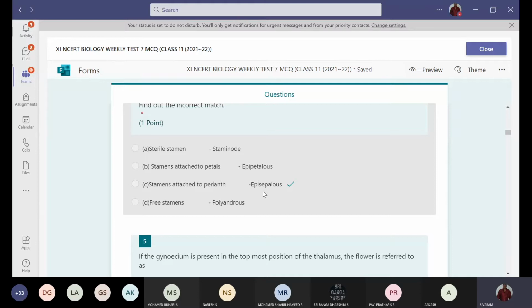Free stamens we call it as a polyandrous. If they are fused, we call it as adelphous, monoadelphous, diadelphous, like that. So the incorrect statement is C option. Stamens attached to perianth, actually we have to call it as epiphyllous, but it is given as episepalous.